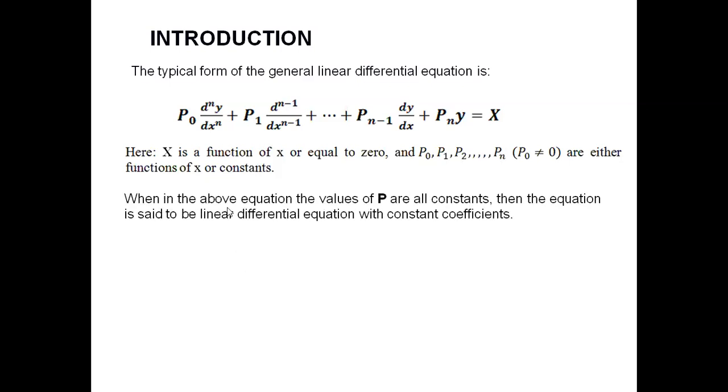So when in the above equation the values of P are all constants, then the equation is said to be a linear differential equation with constant coefficients. We just mentioned here to say the values of P0, P1, P2, right up to Pn can either be functions of x or constants.